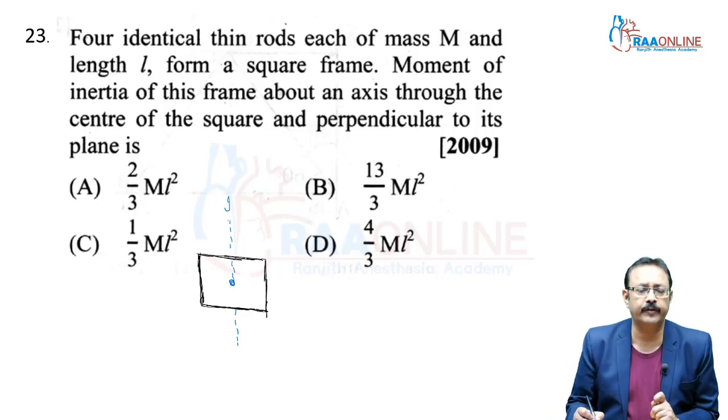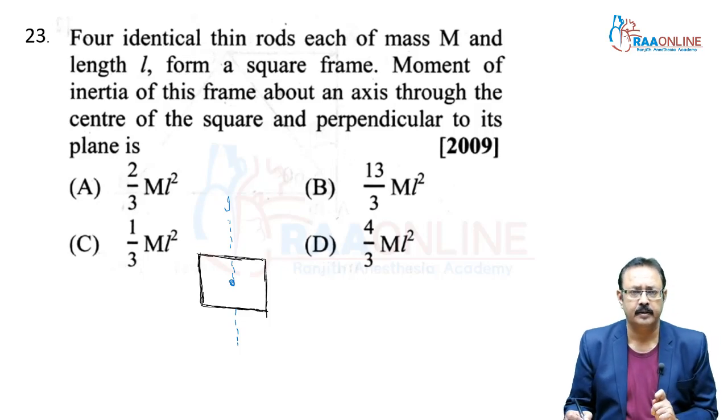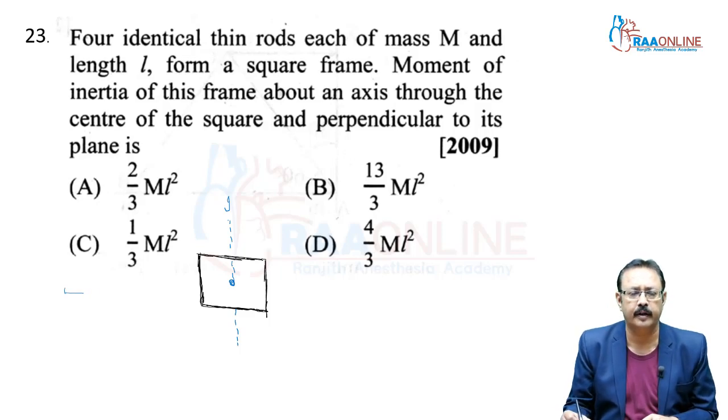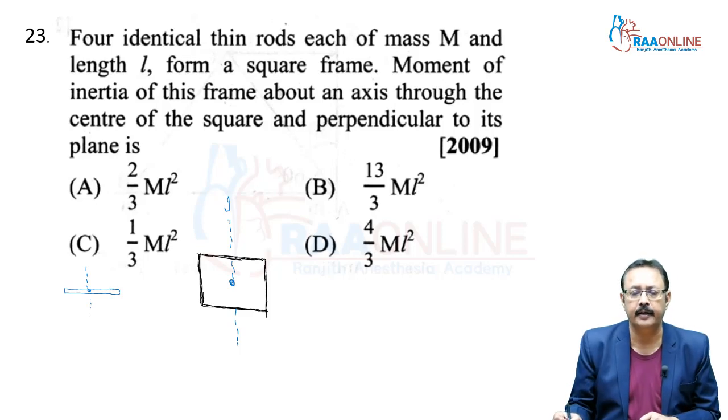So first, see, one symmetry is there. For all rods, only consider one rod. Calculate the moment of inertia about its own axis, what we learned in that theory part, and apply the theorem of parallel axis, since these two axes are parallel.